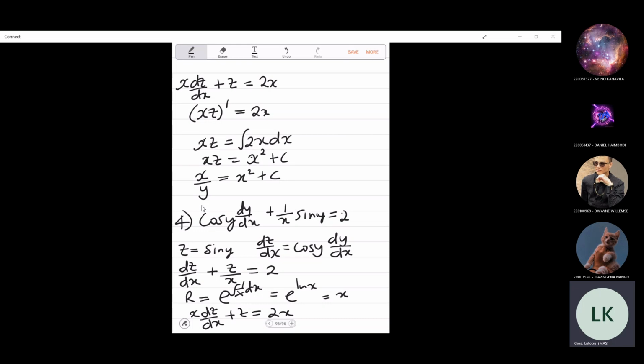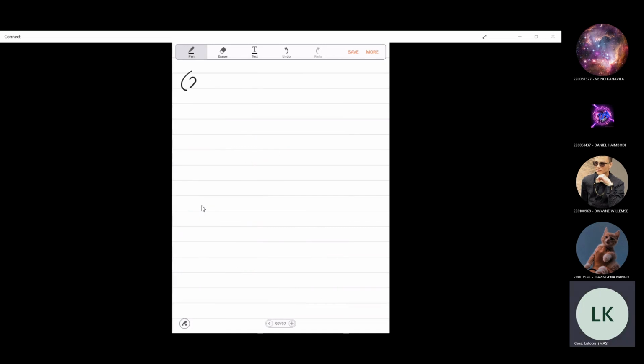And then on the left hand side, you can compress that using the product rule. So we have x times z prime. This is equal to 2x. And then to get rid of the prime, we integrate. So xz is equal to the integral of 2x dx. xz is equal to x squared plus c.